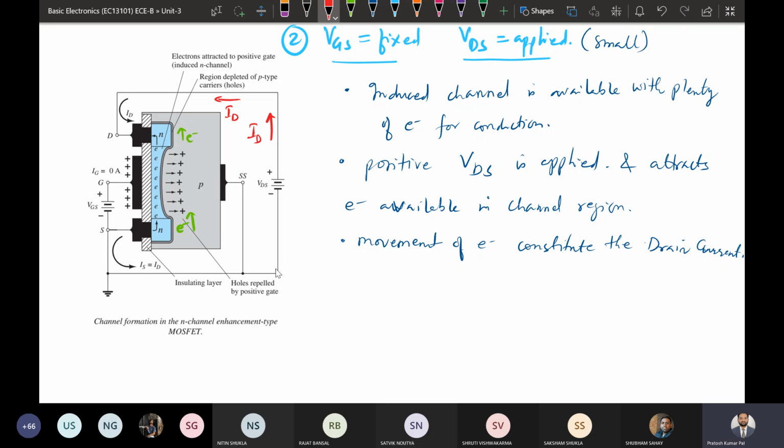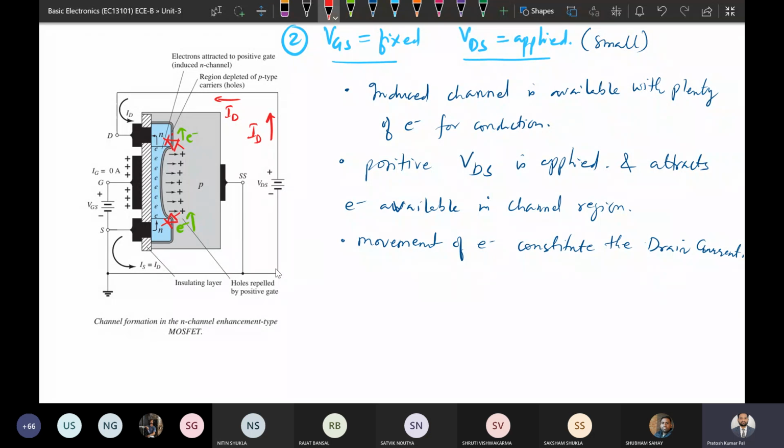Okay, so we can make it like this: there will be one diode here, this is P and this is N. Another diode is here, between P and N. So there are two different diodes, and this one is also reverse biased because it has the positive drain side and this is ground.